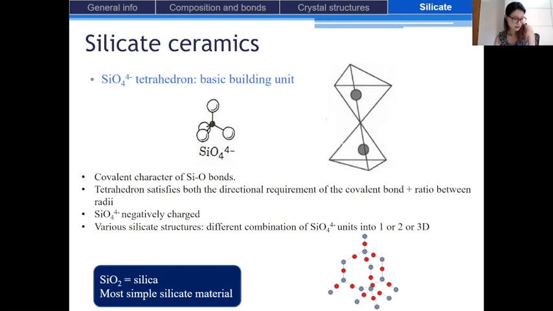If you calculate the ratio between silicon and oxygen, you will end up with this chemical formula. That's why silica is represented with the formula SiO2: 1 atom of silicon for 2 of oxygen. And it is the most simple silicate material, as we said.